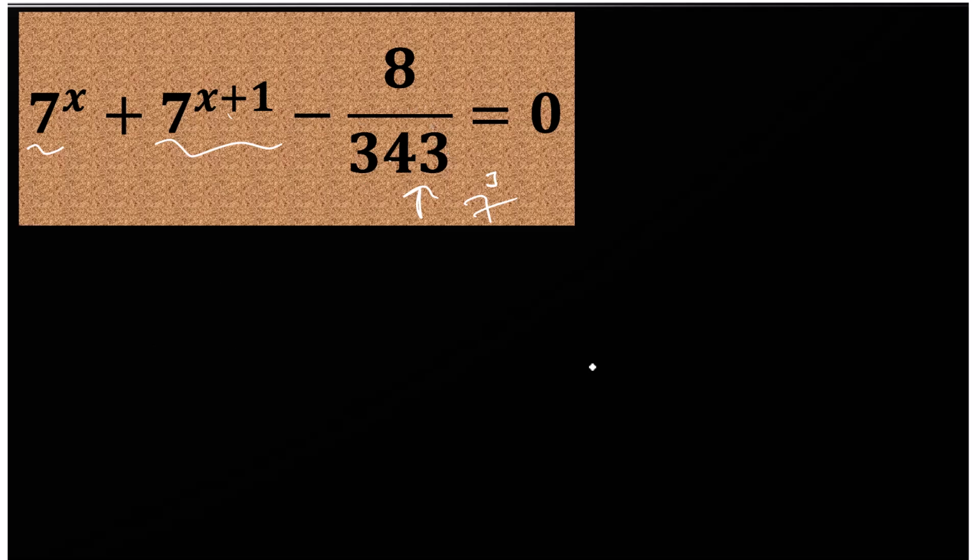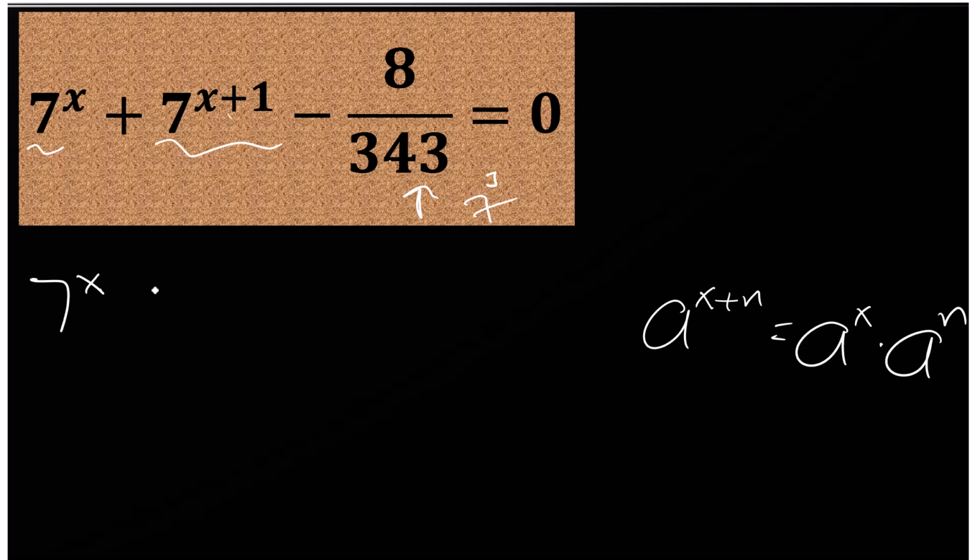Now, when you are given a to the power x plus n, it is the same as a to the power x times a to the power n. So you can write this one as 7 to the power x plus 7 to the power x times 7 to the power 1 minus 8 on 343 equal to 0.